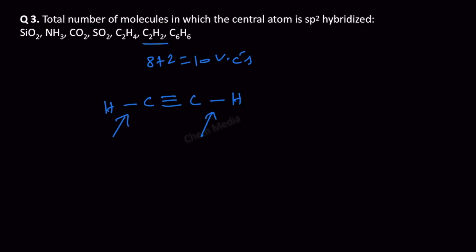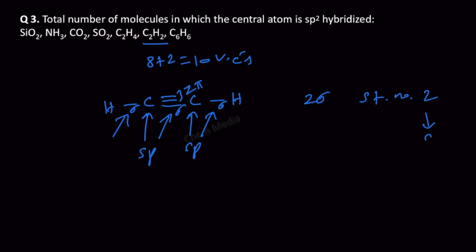So we accounted for 4 valence electrons, and the remaining 6 valence electrons have to come between carbon and carbon. So therefore the hybridization here for both the carbon atoms is sp, isn't it? So we have 2 pi bonds. These 2 are pi bonds. We have 1 sigma bond here, 1 sigma bond here, 1 sigma bond here. So for each carbon atom we have 2 sigma bonds. That means the steric number in this case is 2. Therefore the hybridization is sp. So we shouldn't count C2H2. So we have to count SO2, we have to count C2H4.